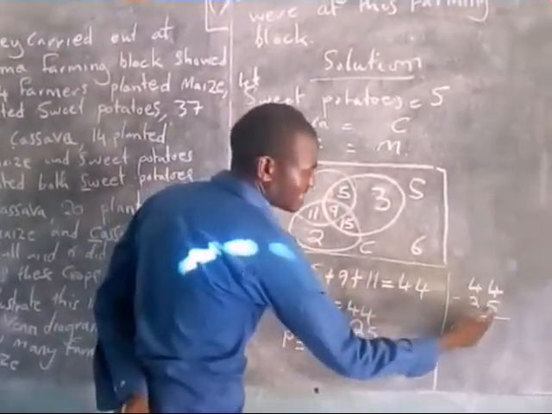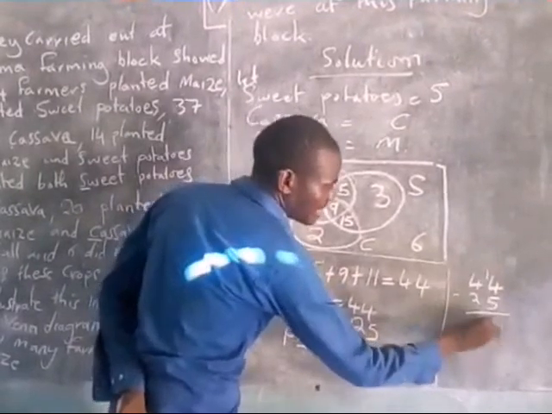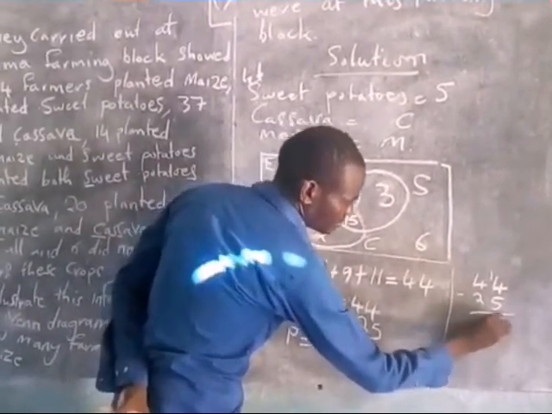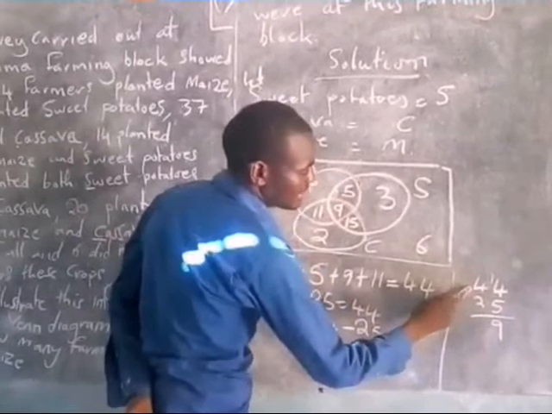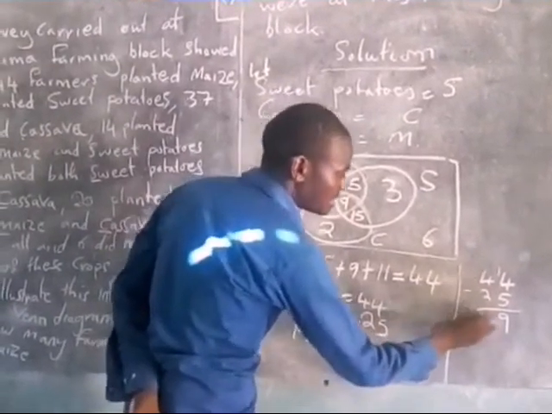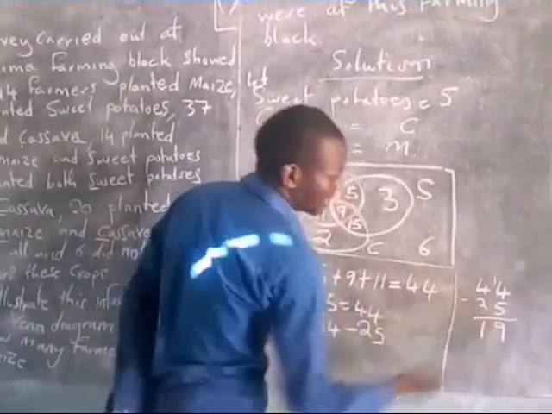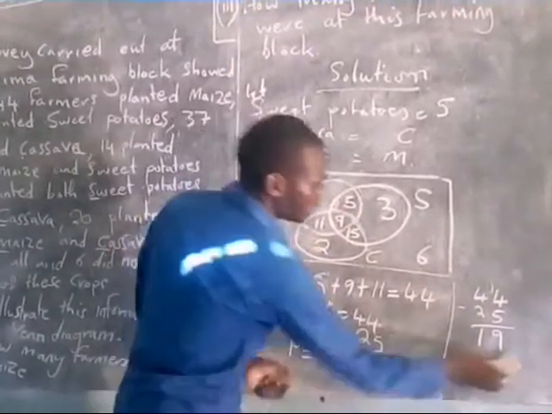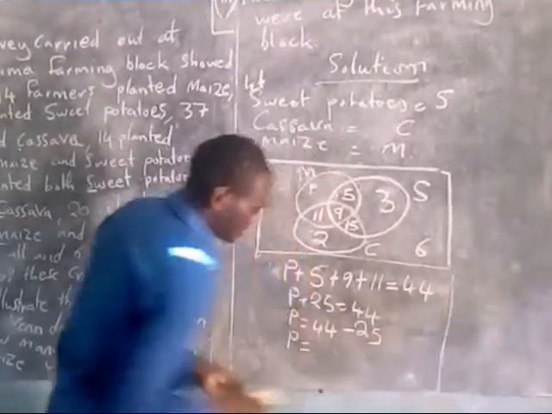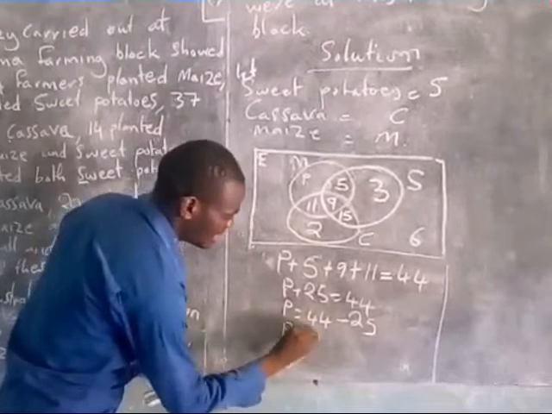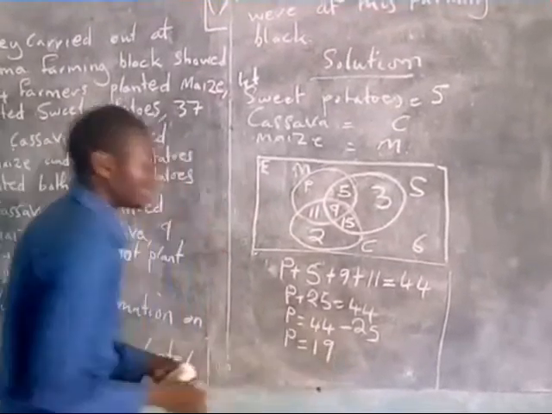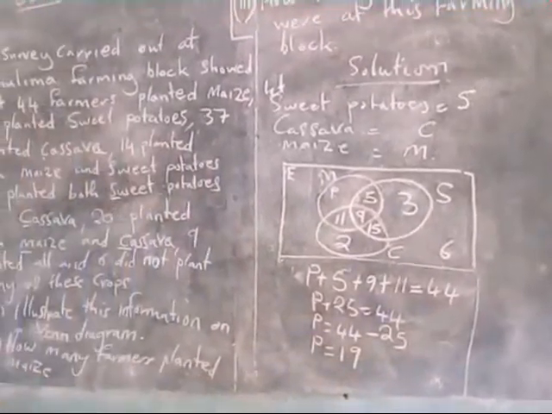For 4 minus 5, it's time to borrow 1 there. We have 9. Then there is the 3 remaining. 3 minus 2 is 1. So that gives us 19. So P is equal to 19.